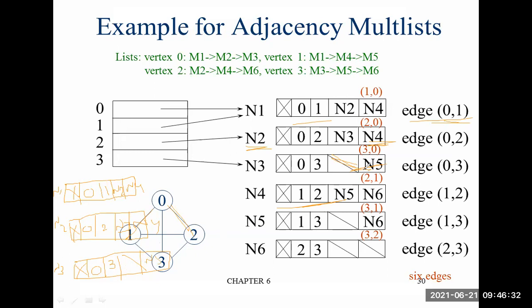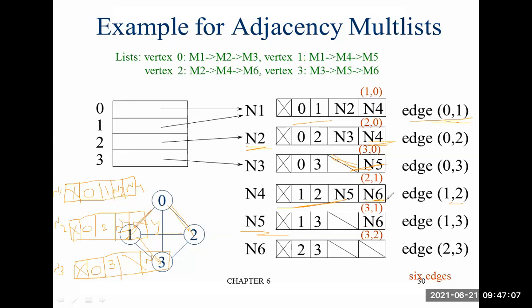Clear, students? In this way, you have to represent the adjacency multilist. Okay, then after 0, 3, we move to 1 to 2. So 1 to 0 is over and 1 to 2 is also over. Then move to 1 to 3. So 1 to 3 is N5. Then 2 to 0 is over and 2 to 3 is not over. So 2 to 3 is N6.